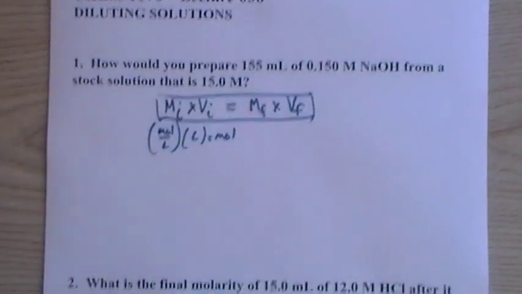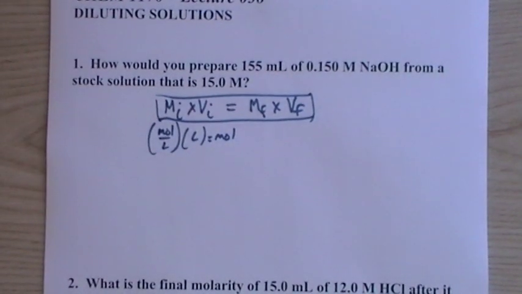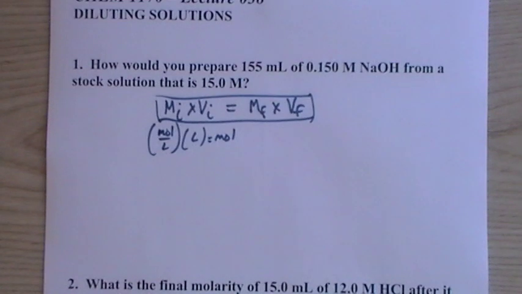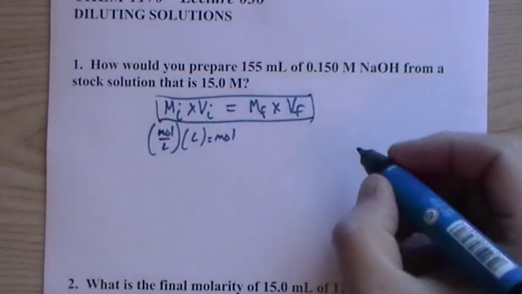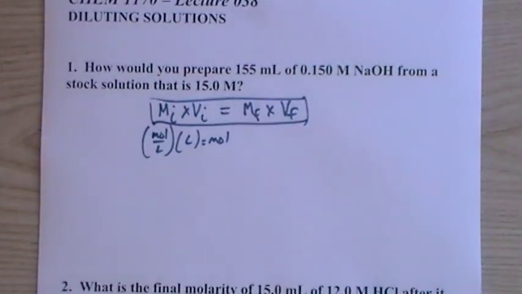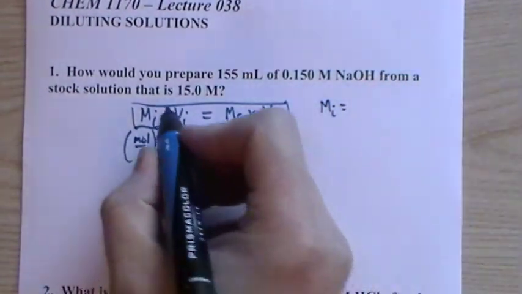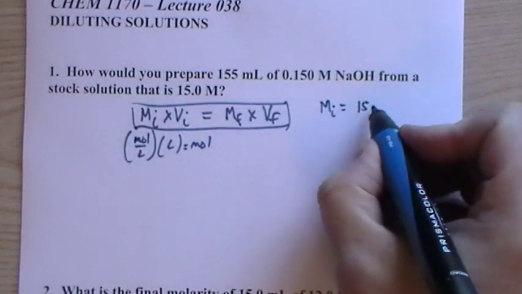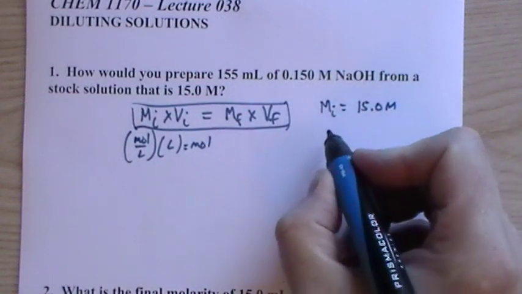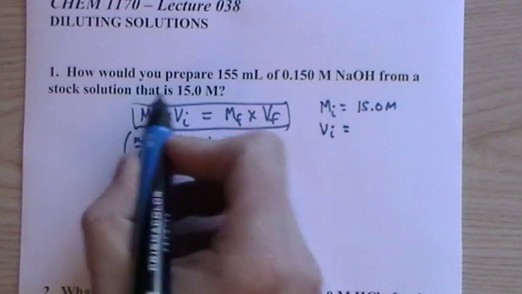Now, how would you prepare 155 mils of 0.15 molar NaOH from a stock solution that is 15 molar? What I like to do is list everything that we have. The initial concentration, that's the stock solution, that's 15 molar. The initial volume, that's what we have to figure out.